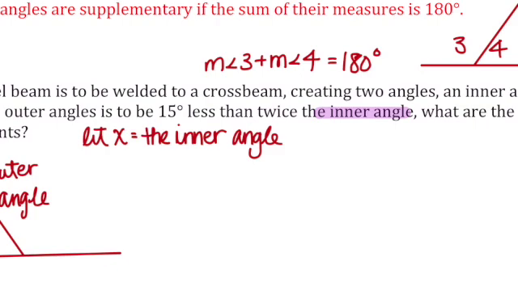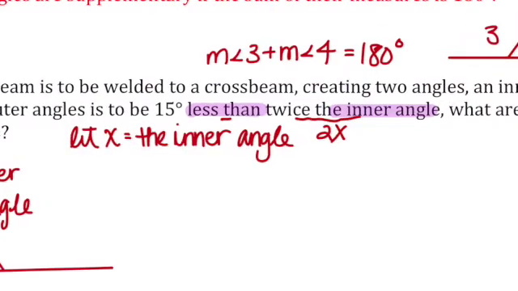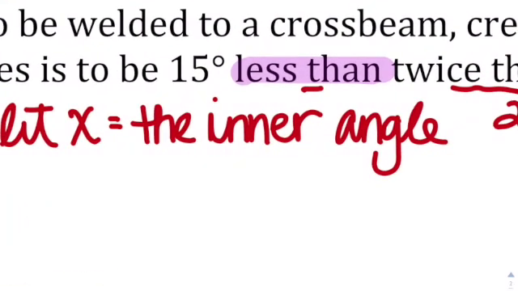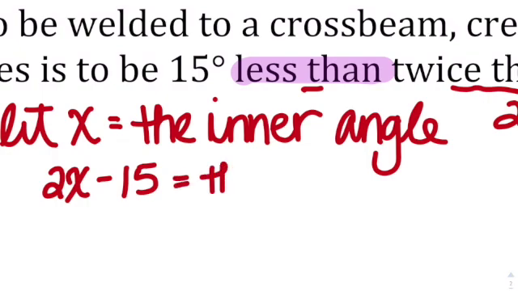And it says 15 less than twice the inner angle. So 15. Now here's another thing you have to keep in mind: less than tells you to switch it. So this is going to be 2x right here, and that's going to be minus for less, and this is 15. So I am going to say 2x minus 15 is going to be the outer angle.